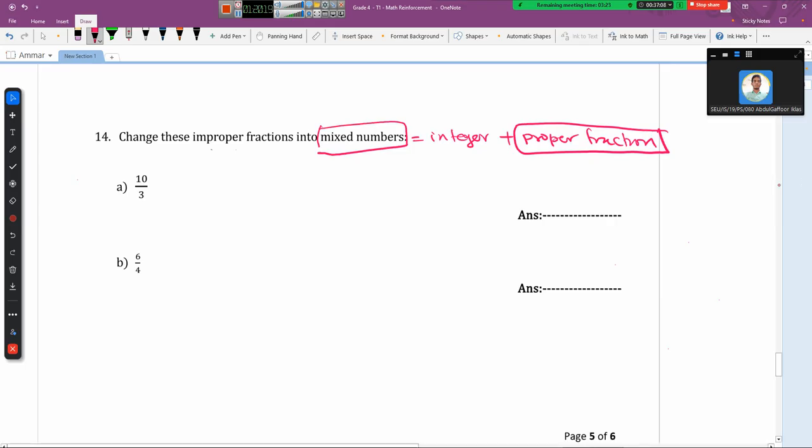Now what you should do is, if you divide 10 by 3, what is the integer value of the quotient? Now it is something like this, right? Let's say you have 10 chocolates, and you have to share these 10 chocolates among 3 people. So how many chocolates will each person receive?